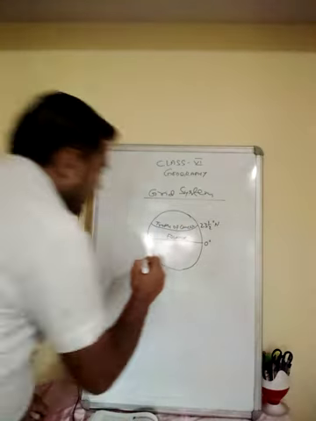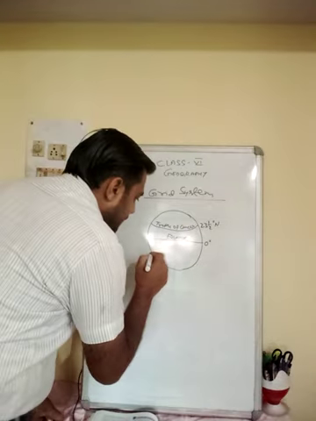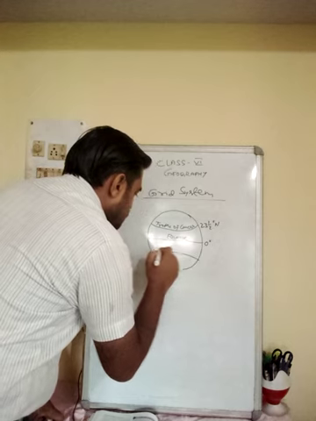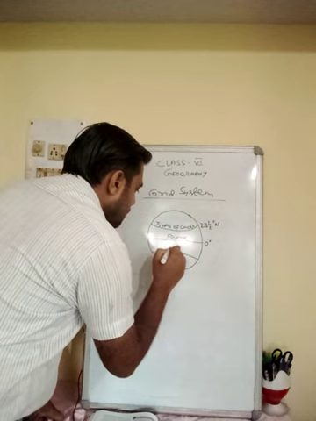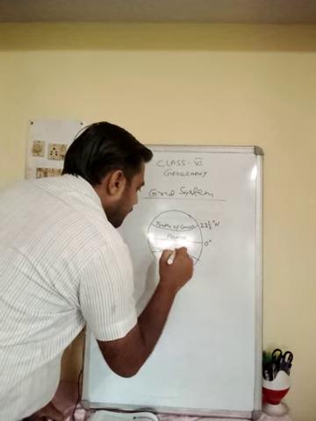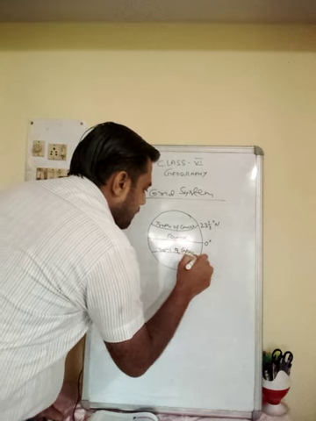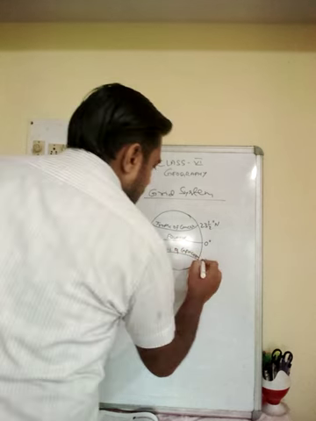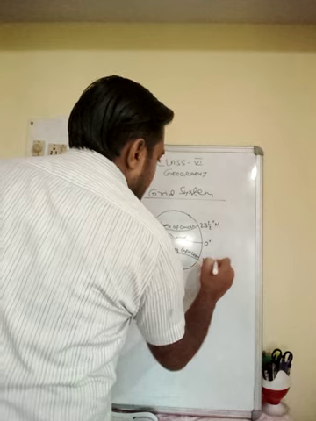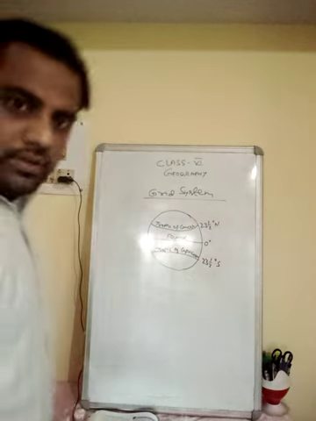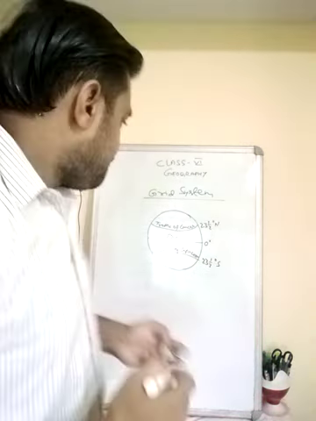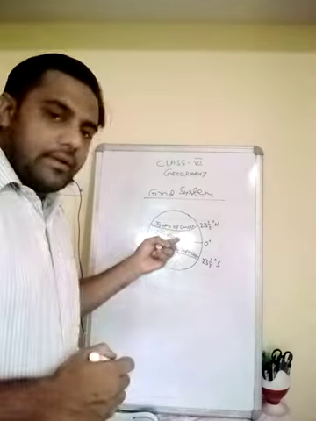And then you have another important latitude, Tropic of Capricorn. This is 23.5 degree south latitude. So you have equator.